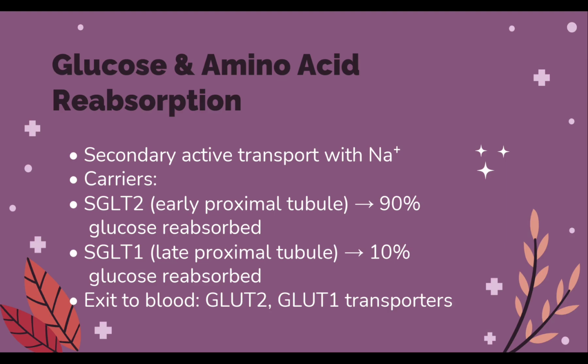SGLT2 is in the early proximal tubule, and 90% of glucose is reabsorbed by SGLT2. SGLT1 is in the late proximal tubule and absorbs only 10% of the glucose. When glucose and amino acids are transported to the blood, GLUT1 and GLUT2 help.